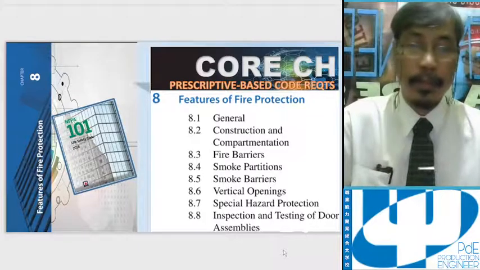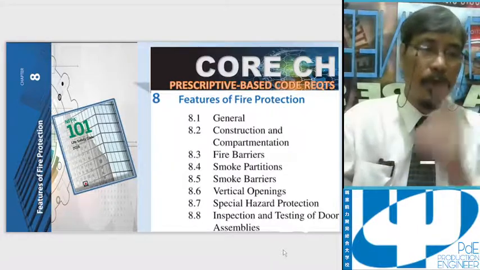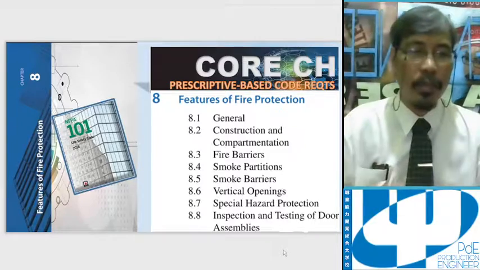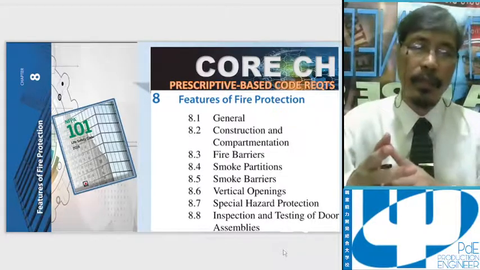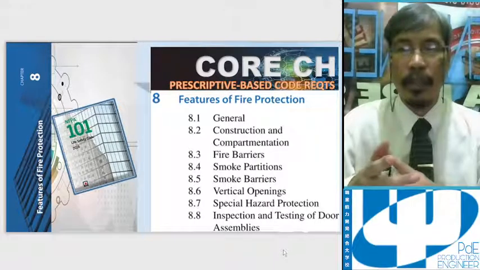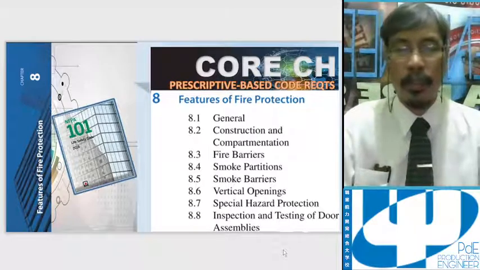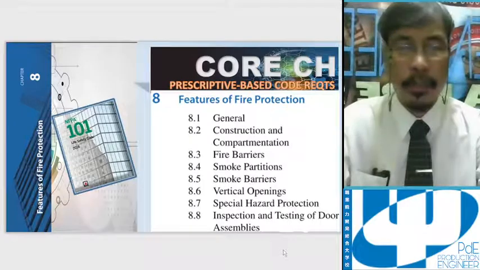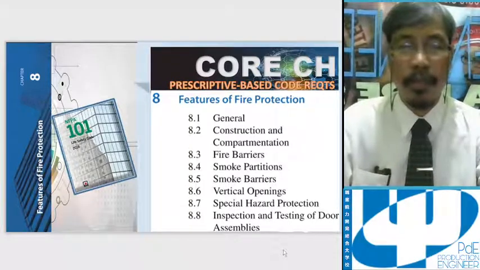Fire barriers, you can list up: construction, compartmentation, fire barriers, smoke partitions, smoke barriers, vertical openings, special hazard protection, and inspection and testing of doors. There are several fire protection features.